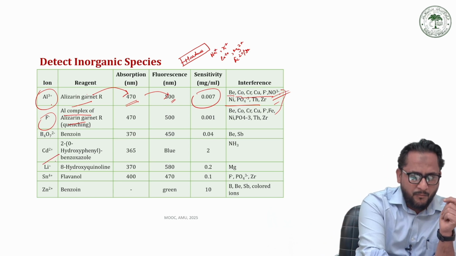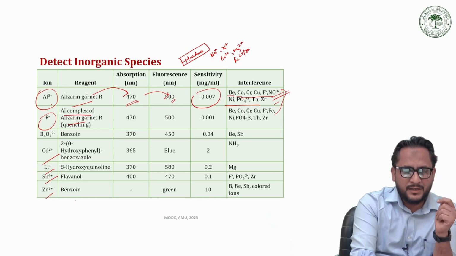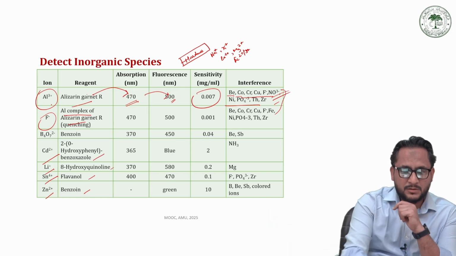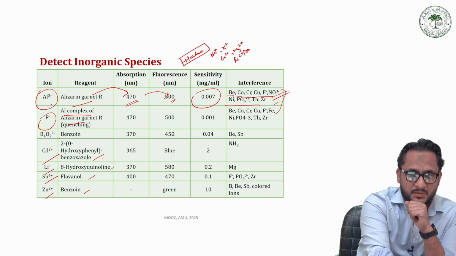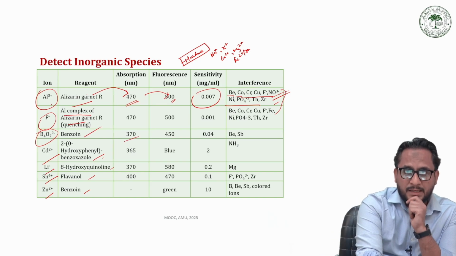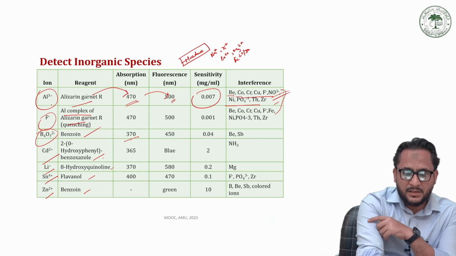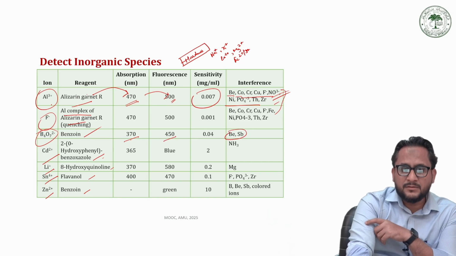Similarly, cadmium, lithium, tin and zinc can be identified using different molecules like benzoin, flavanol, and hydroxyphenyl benzoxazole, which can be used for cadmium. For borate, we can use benzoin again. It absorbs light for excitation at 370 while emitting light at 450, and there are very few interferences as well, only beryllium and antimony.